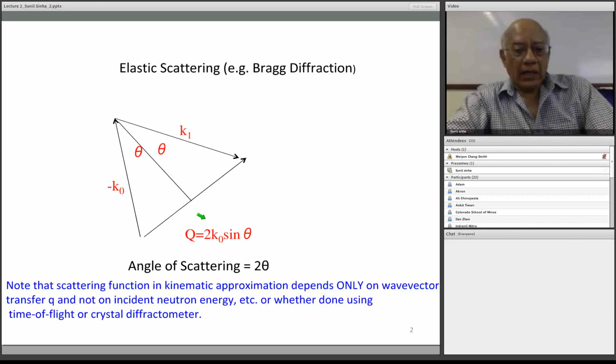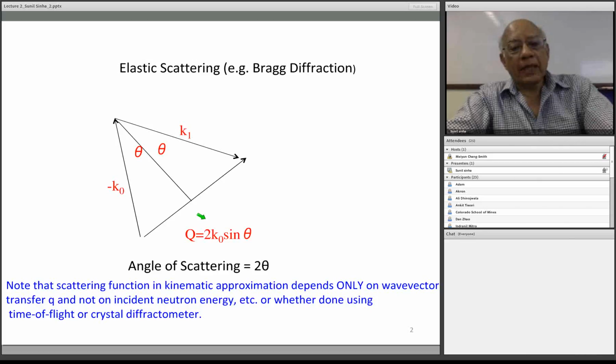However, let me make a couple of remarks about elastic scattering. In many of the things we're studying, like small angle scattering, the scattering is elastic. It's certainly true for diffraction, reflectivity, diffuse scattering, and so on. This is not necessarily completely true, and you'll notice that I've been utilizing the expression for d sigma by d omega, or S of q, which assumes no energy analysis of the outgoing beam.